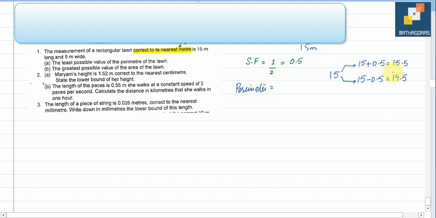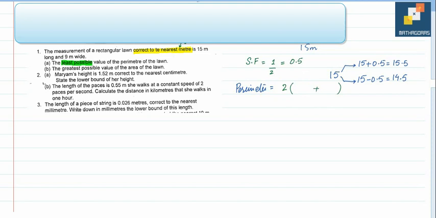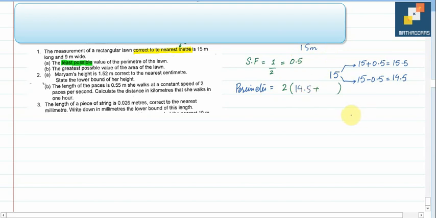Since we need the least possible perimeter, we need the lower bound, so I will consider not 15 but 14.5. The perimeter of a rectangle is 2 times L plus B, that is the working formula, 2L plus 2B. For the length of 15 the lower bound is 14.5, and for 9 the upper bound is 9.5 and the lower bound is 8.5. So we need the lower bound, which is 8.5.